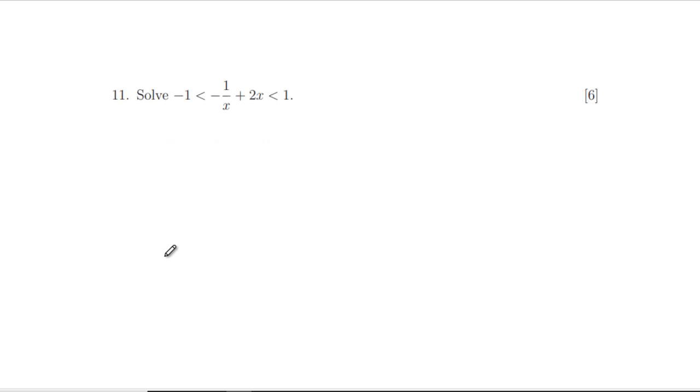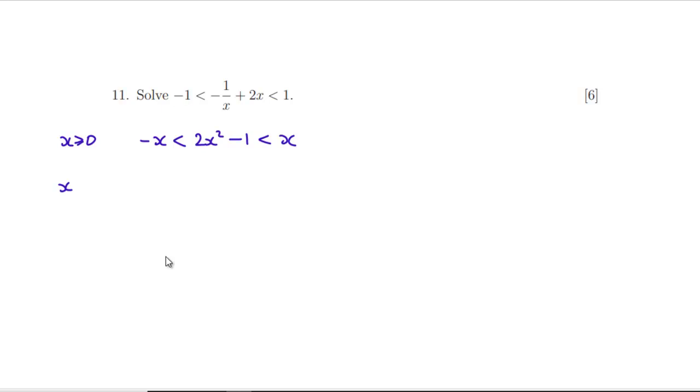Right, solve that. Okay, a sketch is probably going to help with this, I would have thought. So let's multiply through by x. We're going to have 2 things here. If x is greater than or equal to 0, then we've got minus x is less than 2x squared minus 1, which is less than x.